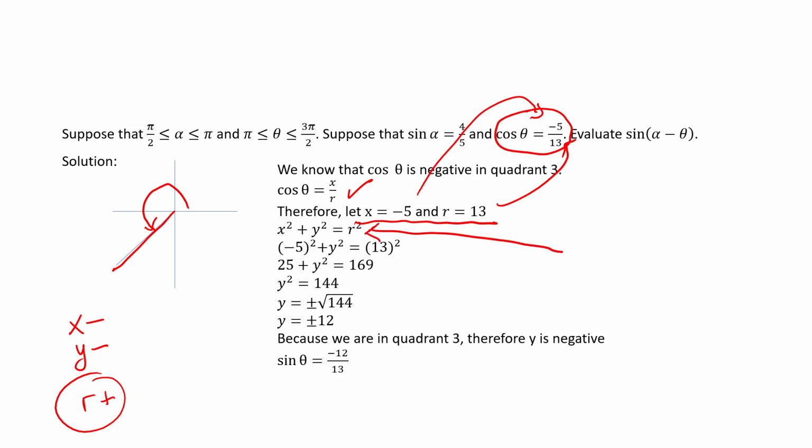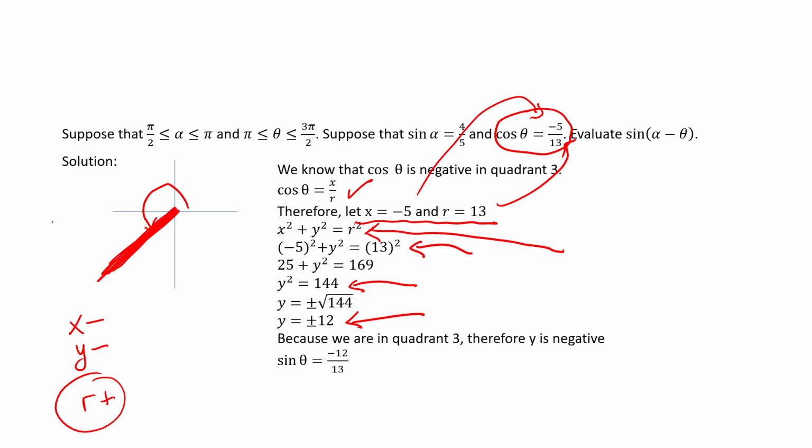We're going to say that x squared plus y squared equals r squared. We know that to be true. Plug in an x value of negative 5, an r value of 13, and let's solve for y. When we do that, we get y squared equaling 144, which means y ends up being plus or minus 12. But now keep in mind where we are. We're in quadrant 3. That's where theta is.